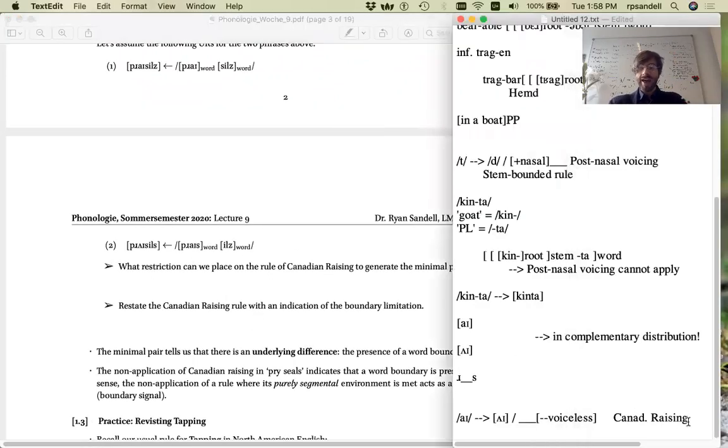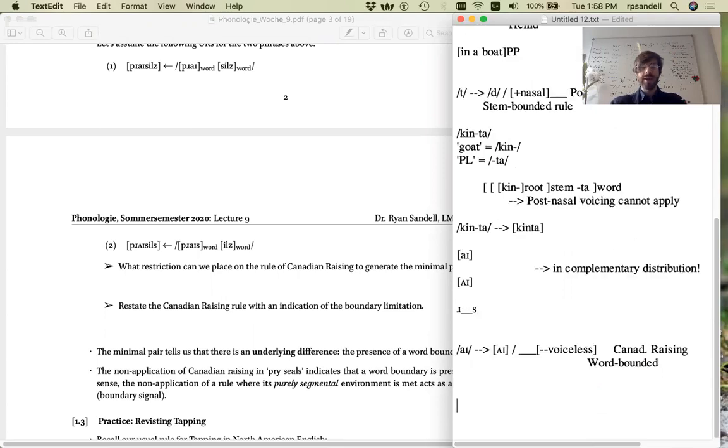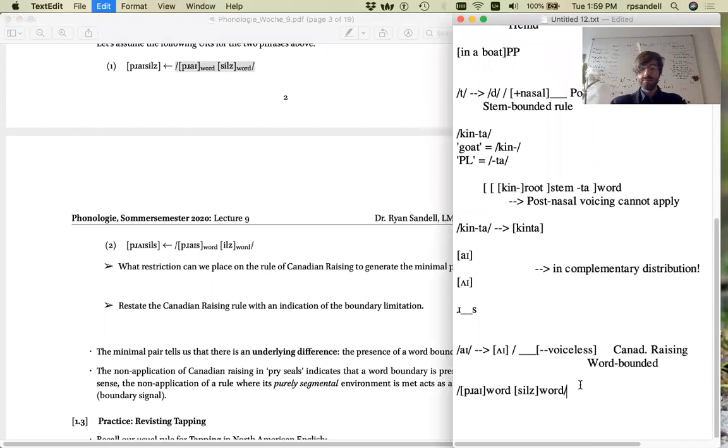So we can add to our rule of Canadian raising the further restriction that it is word bounded. And now we can look, let's take these two underlying inputs. So we have the input "pry seals", with a word boundary in between the verb "pry" and the noun "seals".